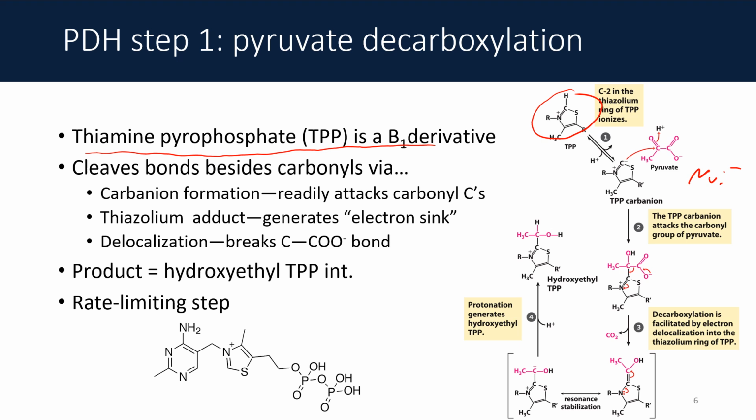And what is the electropositive entity we are attacking, or aka the electrophile? It's going to be the carbon on pyruvate connected to that ketone. So we will be facilitating a backside attack over there via the carbanion.